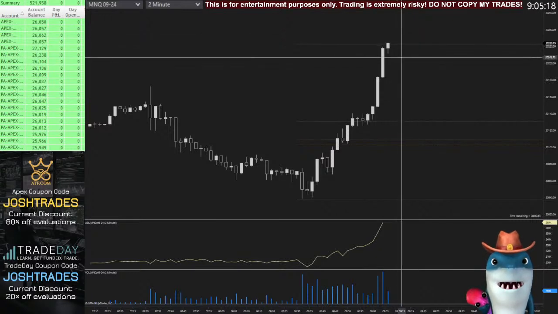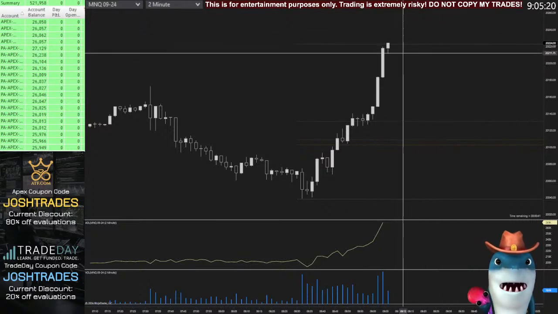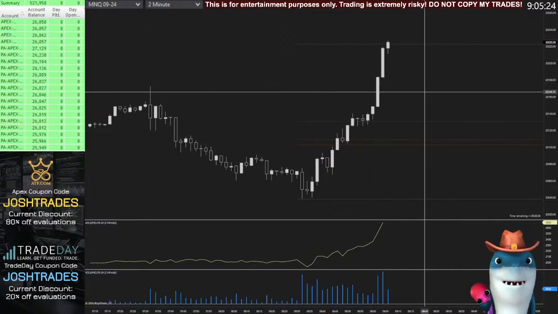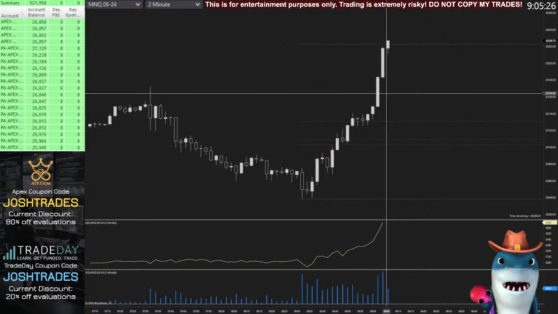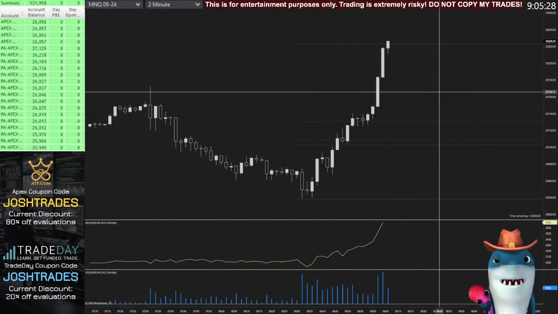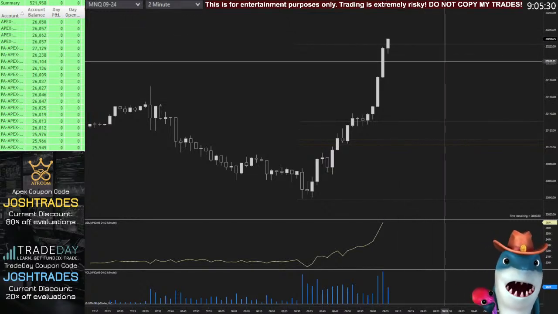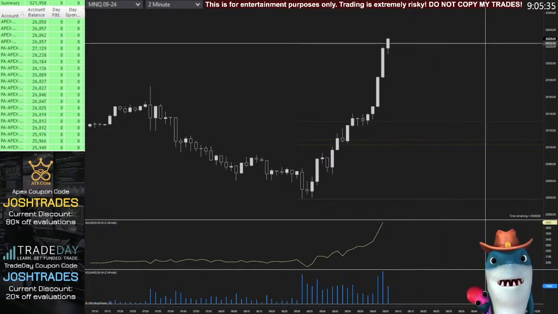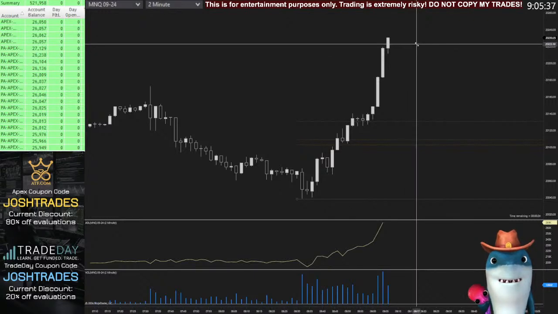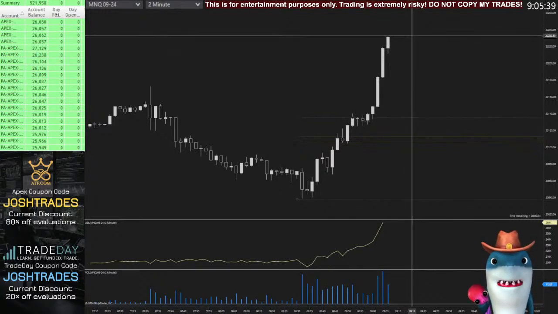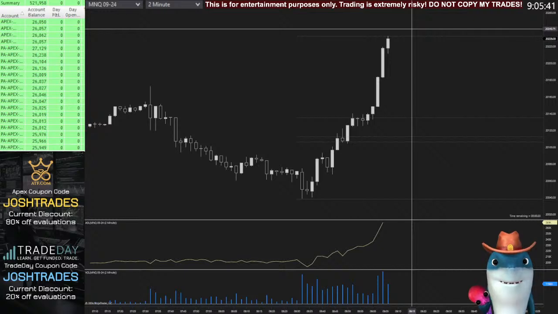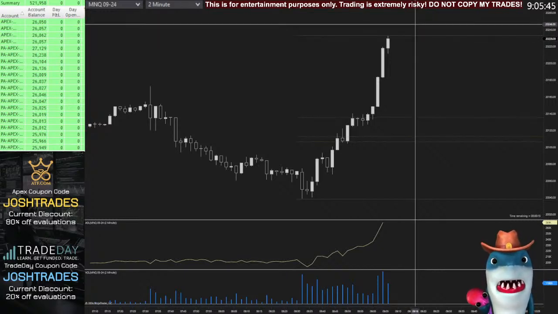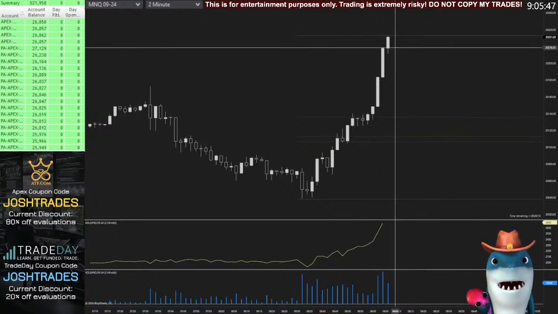It'll come down, maybe chop around a little bit, create more of these minor liquidity pools, then resume upwards. Then I'll have areas to enter from, and I want it to retrace again to tag me in before moving up again. Because right now I'm only looking at longs. I would not even consider a short right now. There's no reason to try to catch a reversal when the market is so bullish.